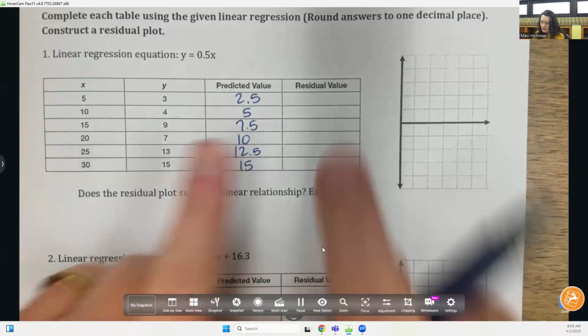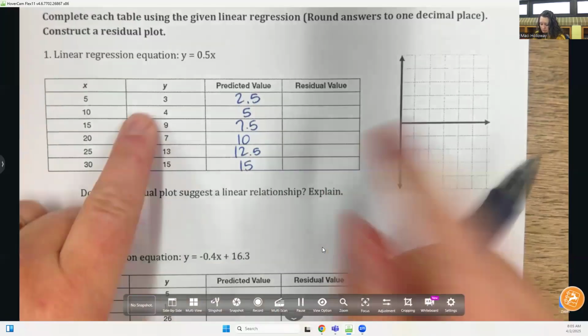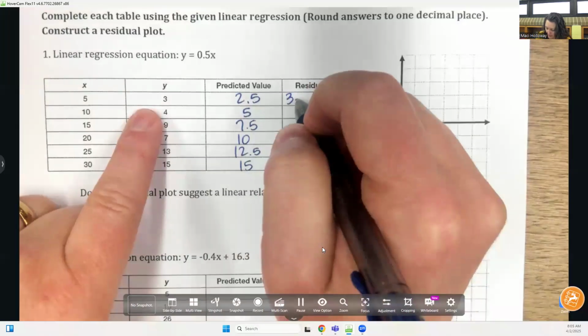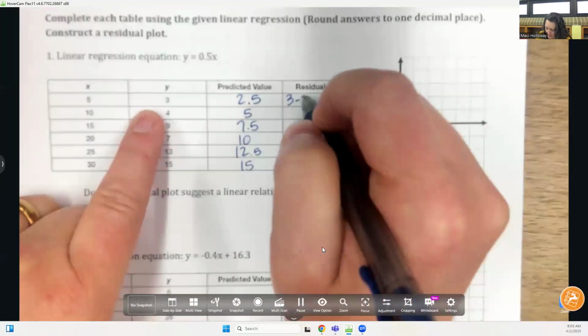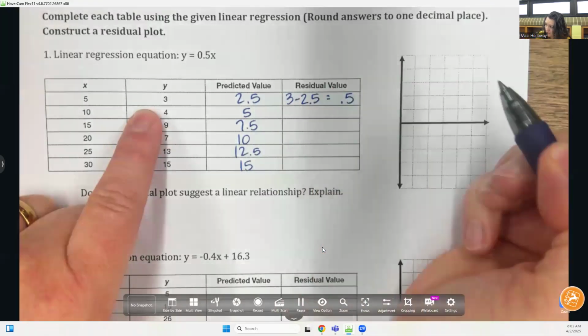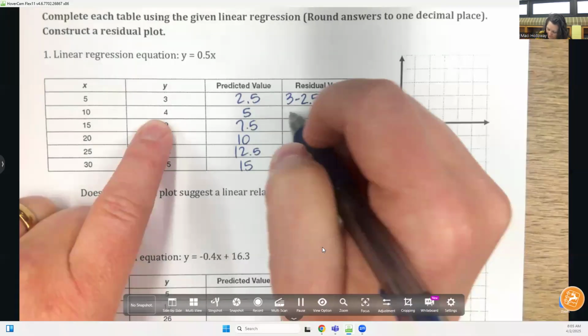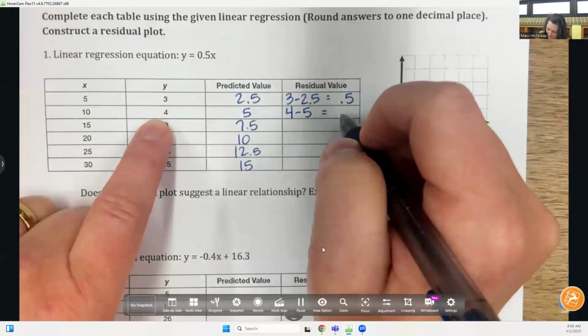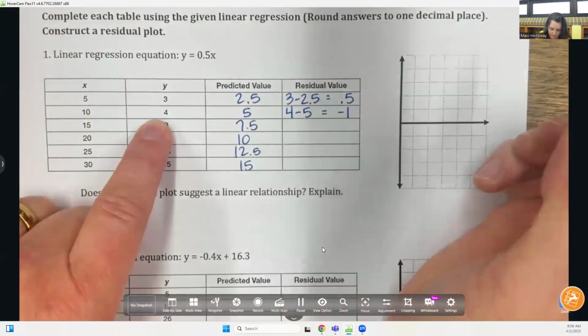Now let's find our residual value. So our residual value is our actual value 3 minus our predicted value 2.5. So our residual value is 0.5. 4 minus 5, and our residual value is -1.